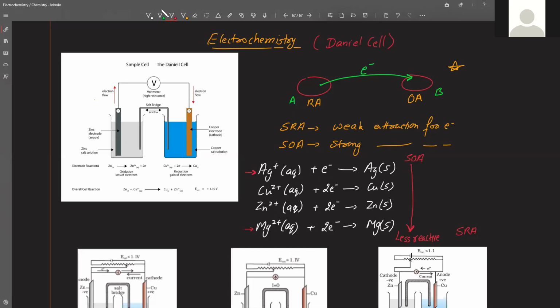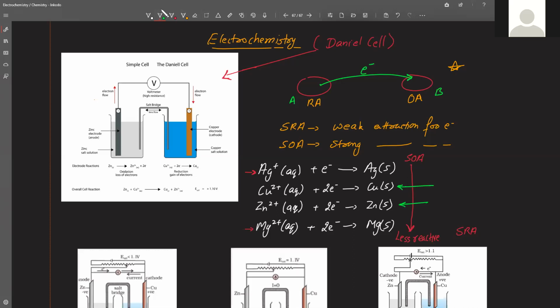Now we actually use this to form these cells, which you can see here on the left hand side. So this is your Daniell cell. So what is happening here? Here we have taken two of them. We have taken Zn and Cu, and in our series also there is Zn and Cu, right?